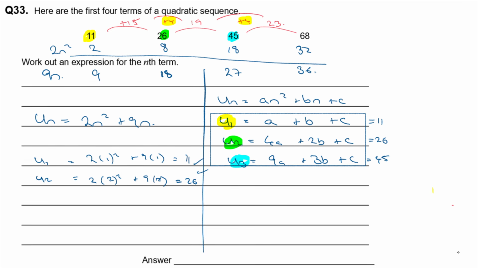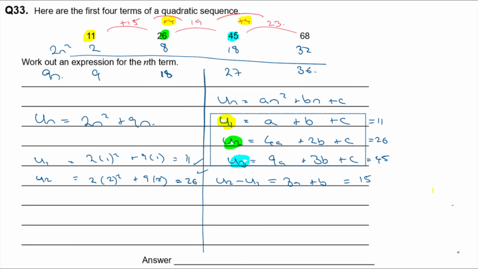Okay, and then you can solve these by taking various combinations of equations away from each other. So if I do u2 minus u1, that's going to be 4a take away a, which is 3a, 2b take away b, which is b, c take away c, which cancels, and 26 take away 11 is 15.